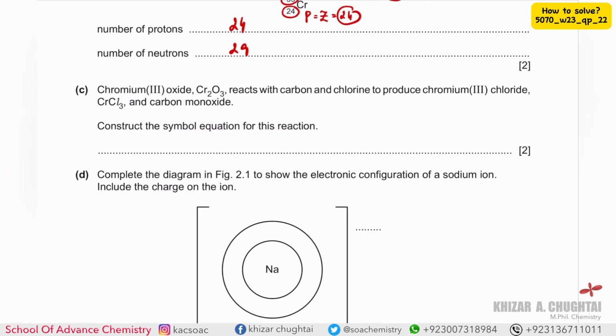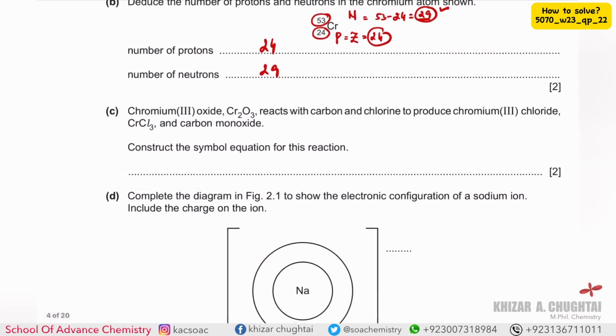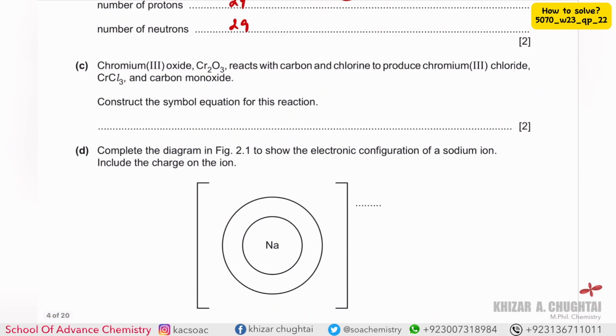Part C, chromium 3 oxide Cr2O3 reacts with carbon and chlorine to produce chromium 3 chloride and carbon monoxide. Construct a simple equation for this reaction.